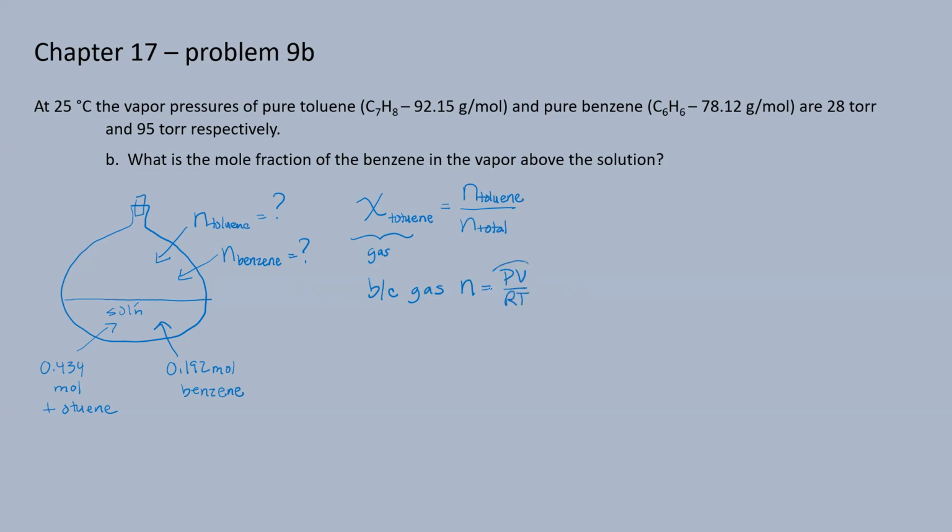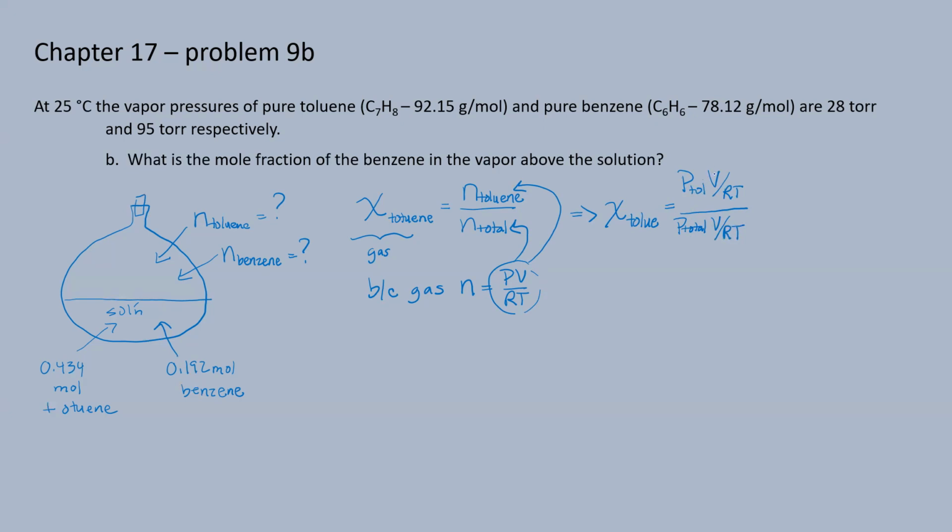So if I substitute this into here and into here, what you end up getting is the mole fraction of toluene is the pressure of the toluene times the volume over RT, all over the total pressure times the volume over RT.